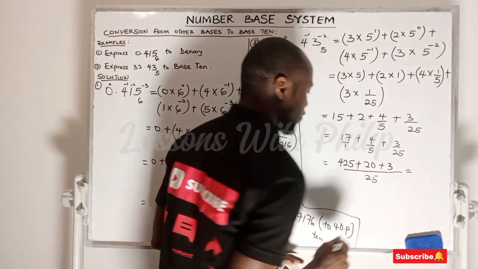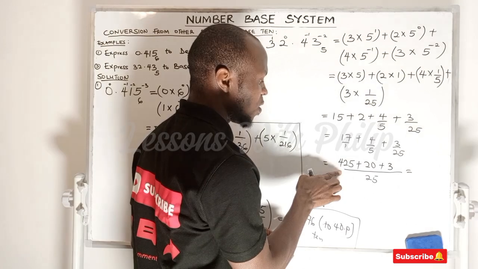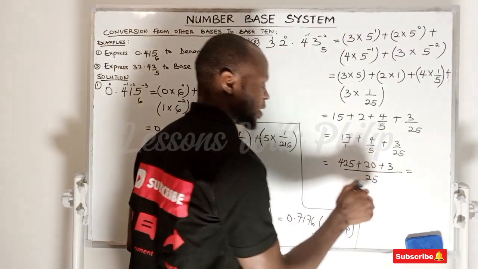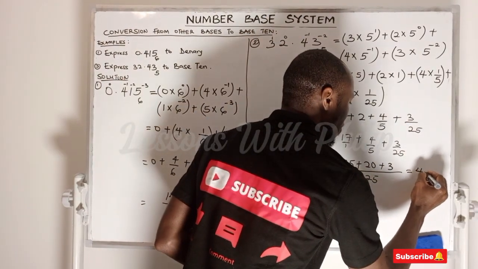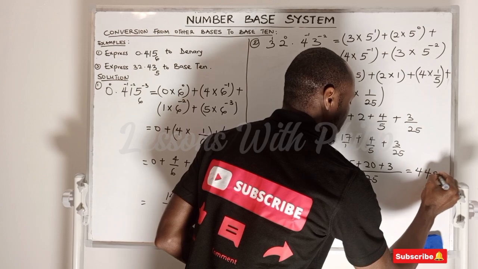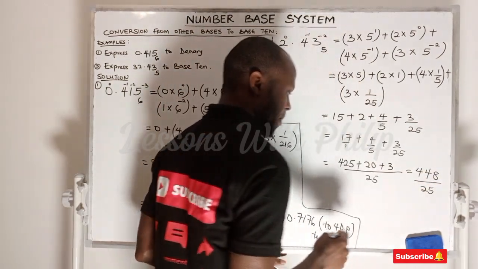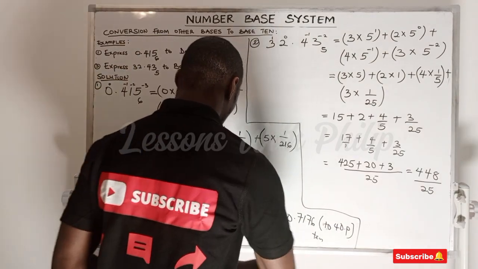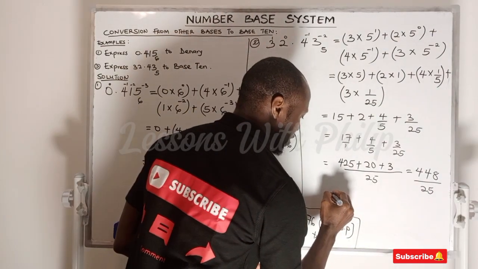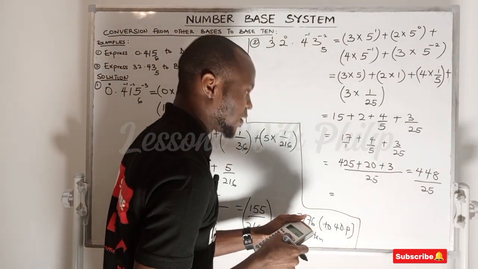Automatically, this will be equivalent to 445 plus 3, which will now give me 448 divided by 25.